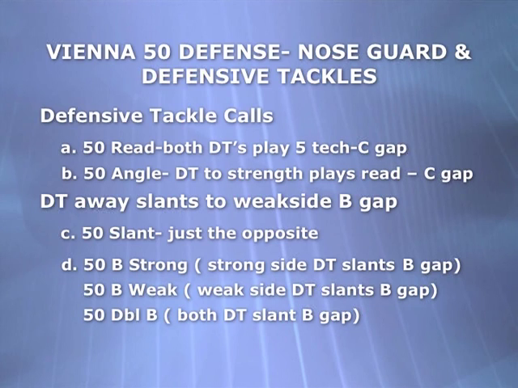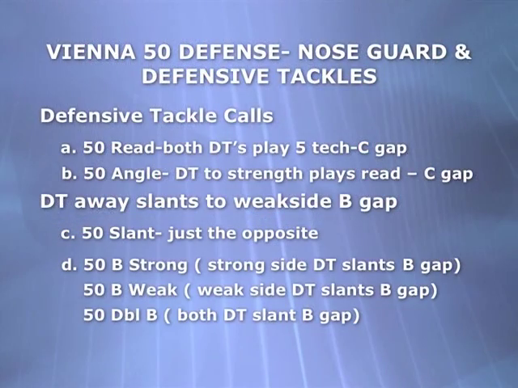Now, we also have what we call 50B strong, 50B weak, and 50 double B. All that tells the defensive tackle, first thing he's going to hear in the huddle, is 50, B strong. Neither one of those two defensive tackles knows which one is going to slant into the B gap. They have to wait until the linebackers call strength.